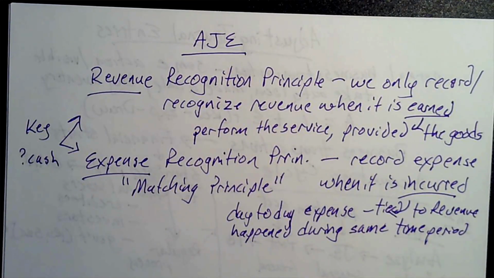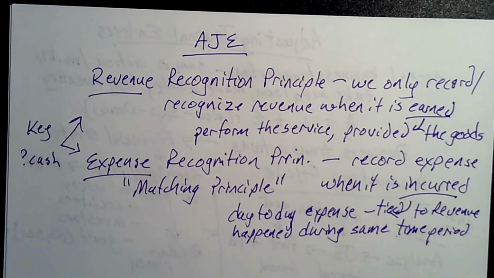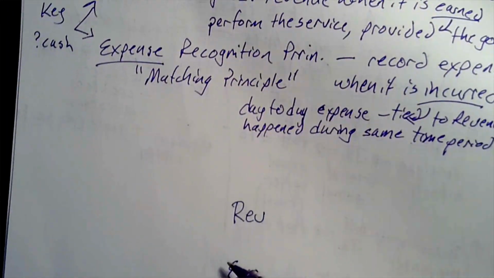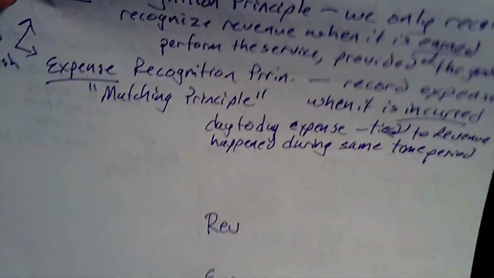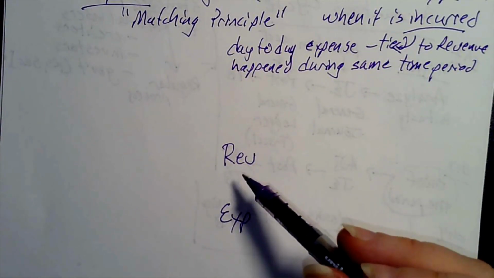So if we take a look at this sort of diagram, we're going to create a little diagram. There are a lot of situations up to this point where we've talked about making a sale and the cash changes hands, or an expense and cash changes hands at the same time. But we know when we record the revenue, that's when we perform the services or provide the goods, and we know when we record the expenses, it's when they're tied to the revenue.